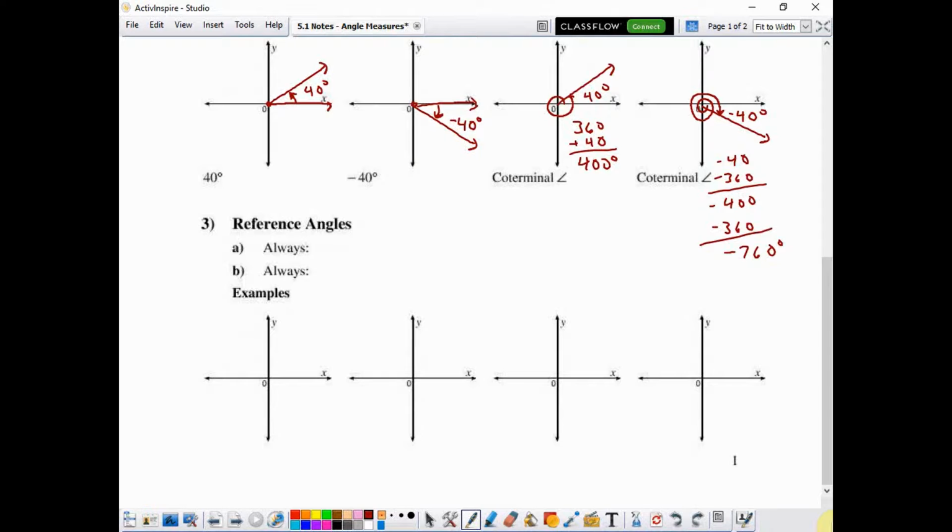Reference angles are always between the terminal side and the nearest horizontal axis. And they are always given as a positive number.